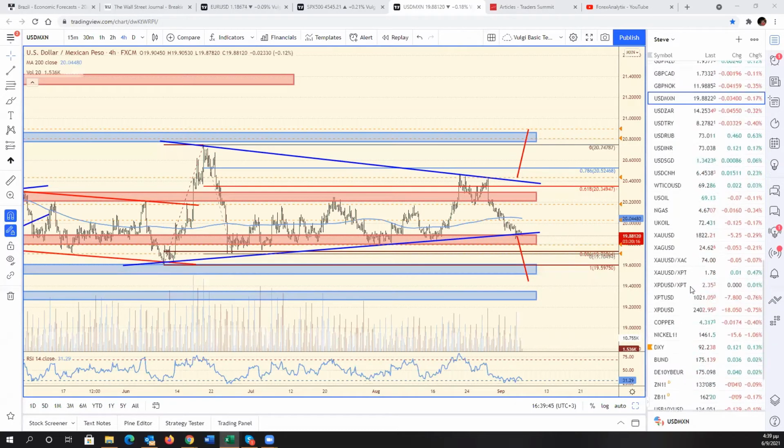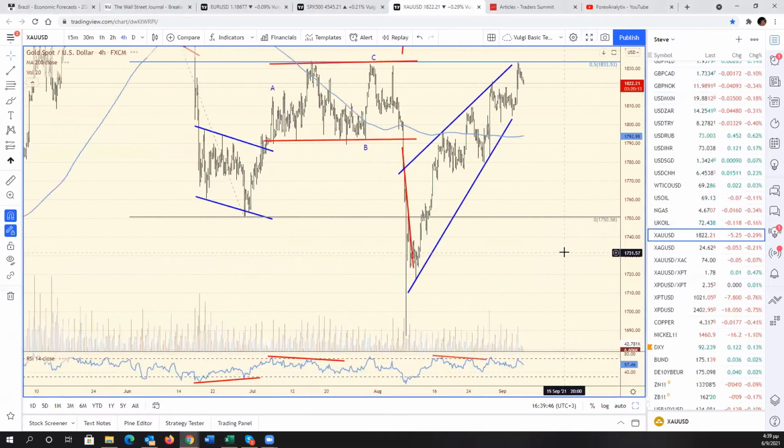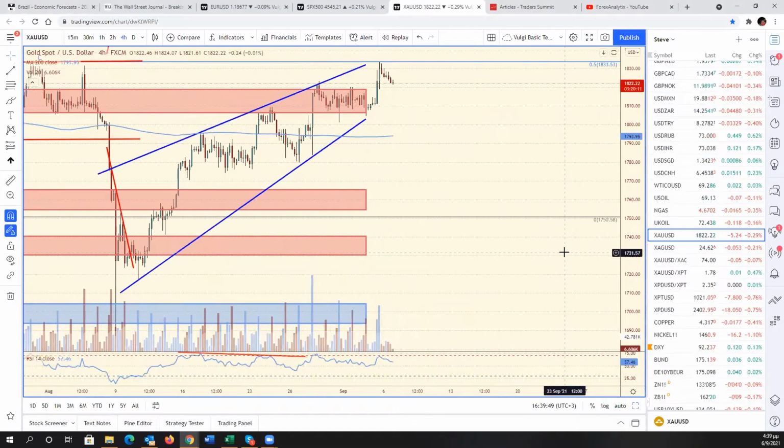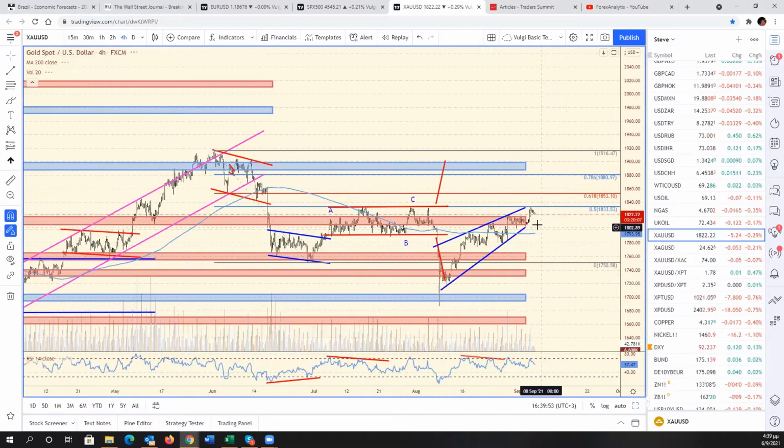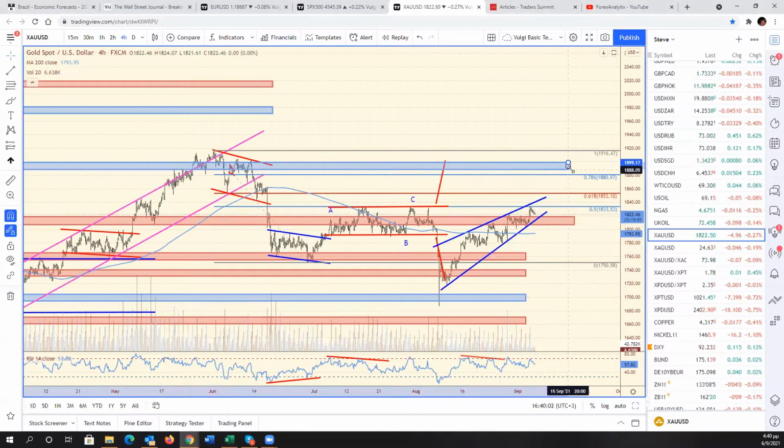Let's go to the precious metals since I have them in the same tab. Now, here is the bearish case scenario for gold if you're looking to be bearish.